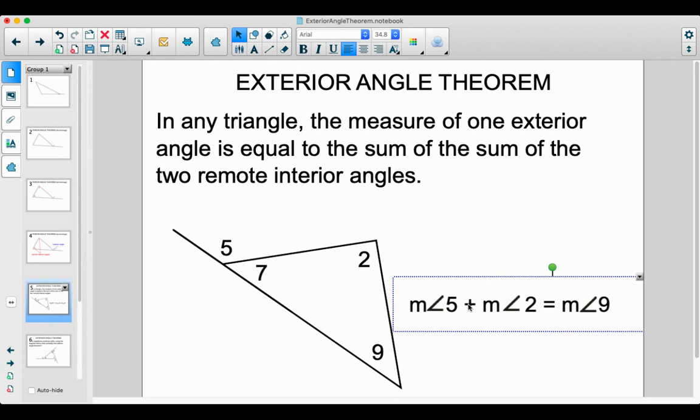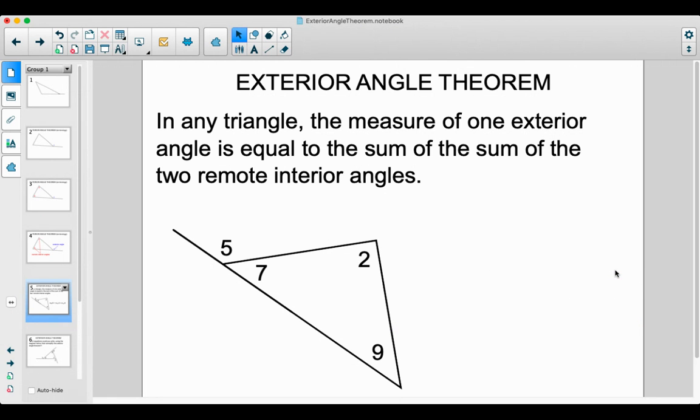But in this situation, that's wrong, right? It should say measure of angle 5 equals measure of angle 2 plus 9. Okay? Just be careful with what you're connecting. 5 is the exterior angle, and 2 and 9 are the remote interior angles. And the sum of 2 and 9 will always be equal to angle 5.